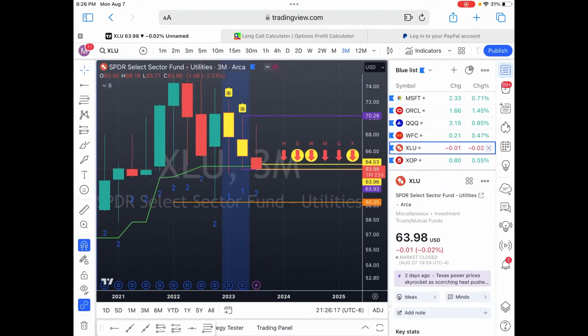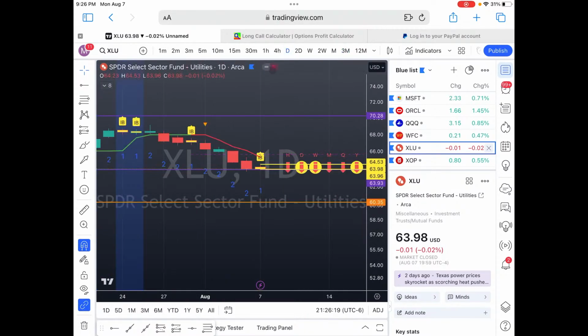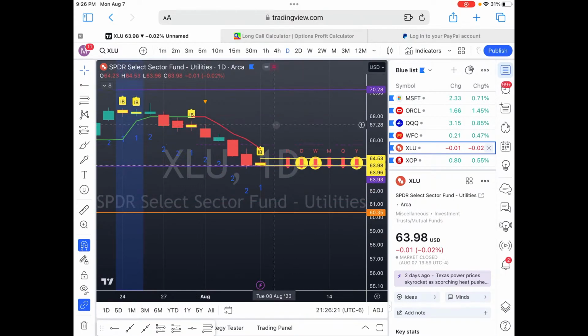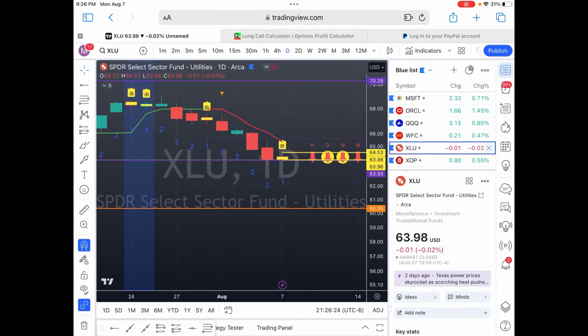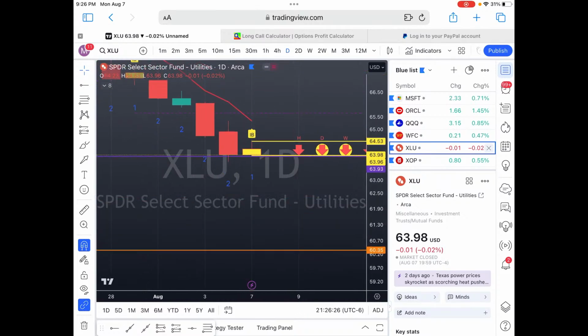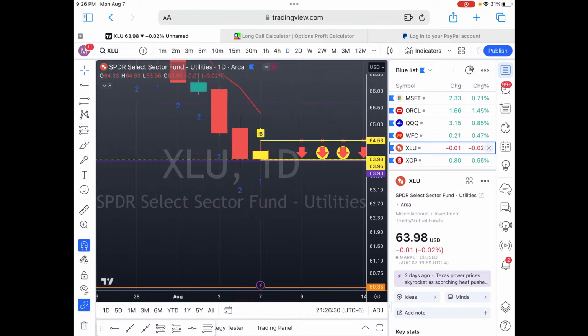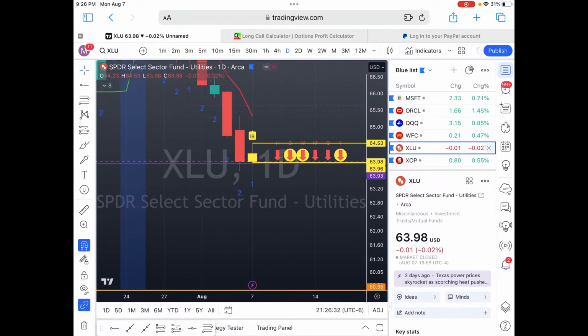So we go back to the daily. Like I said, we've already trended to the downside on that 3-month. So we're already down. So if I'm looking at this, I'm saying there's a very high probability that the Spider Select Fund for utilities continues to trend down over the next 3 months.